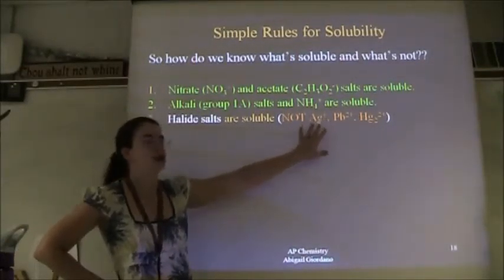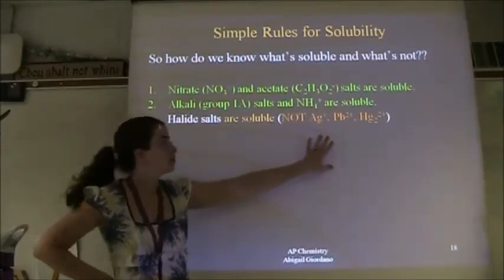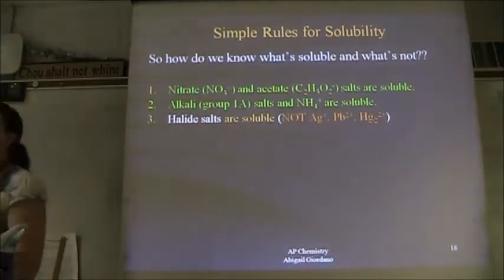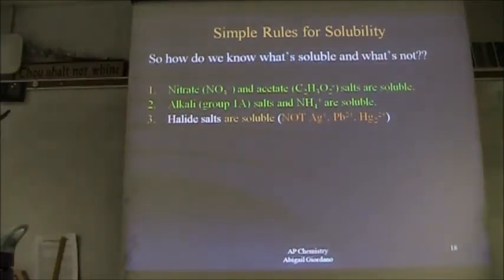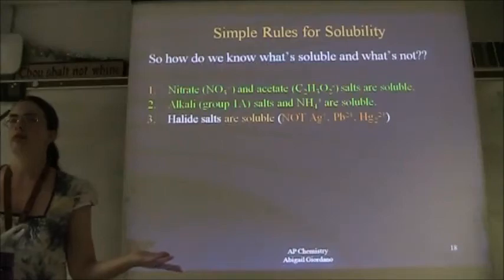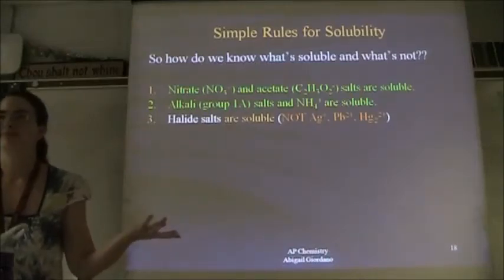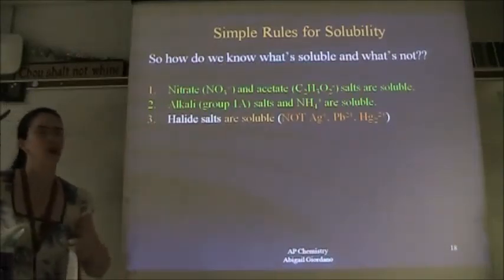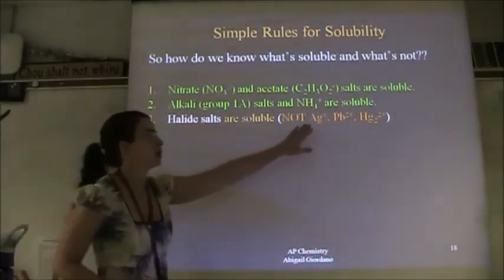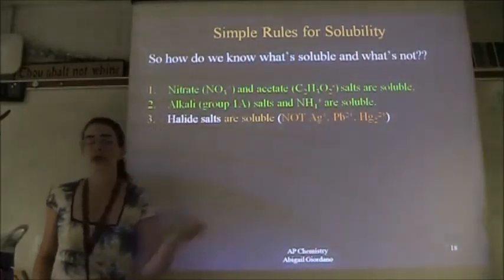If your halogen, doesn't matter what it is joined to, silver, lead, or mercury, that will be insoluble. Okay? So, pick a halogen, guys. Any halogen you want. Pick one. Fluorine. Okay? So, magnesium fluoride, soluble. Silver or lead or mercury fluoride, insoluble.